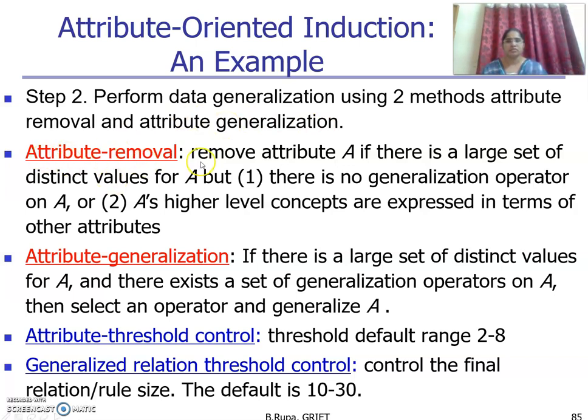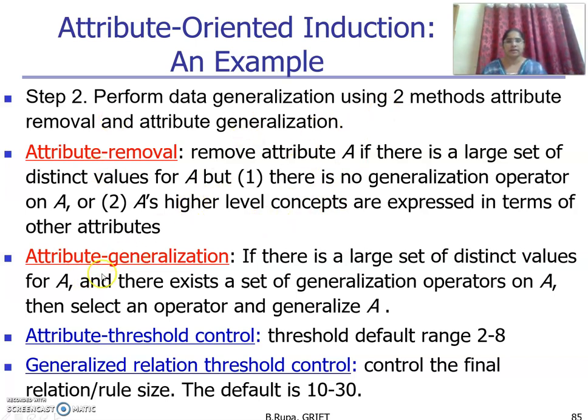For attribute removal, we remove an attribute A if there is a large set of distinct values of A, but one, there is no generalization operator on A, or two, A's higher-level concepts are expressed in terms of other attributes. By using these two principles we can remove attributes. We will see this with an example.